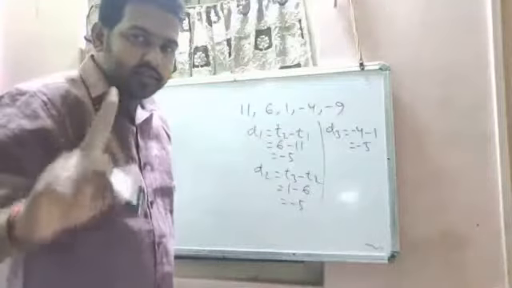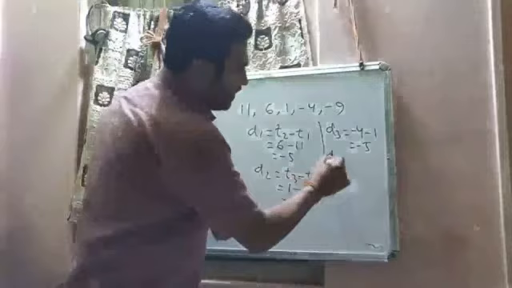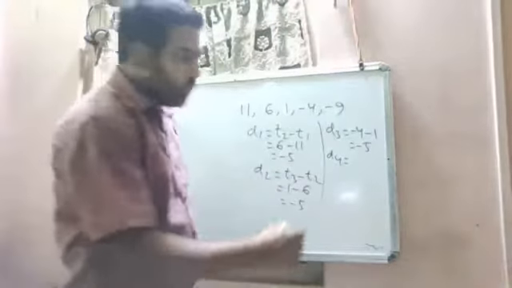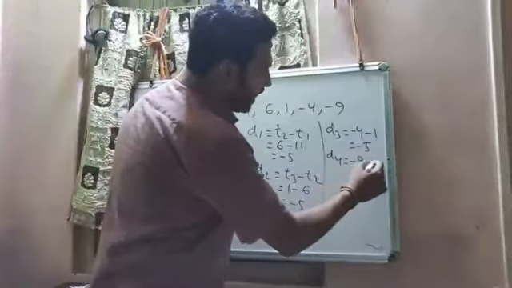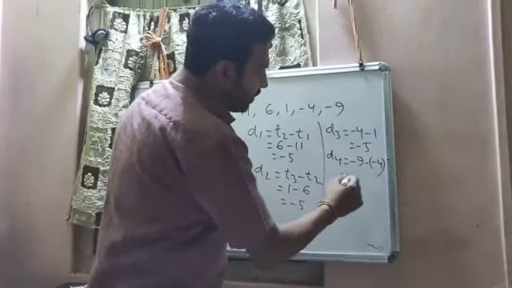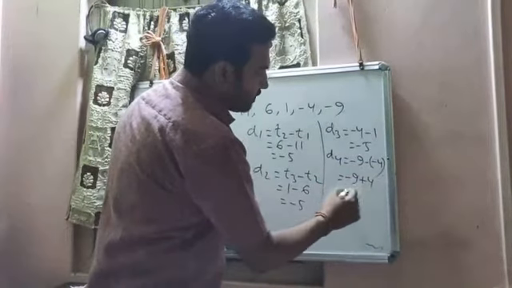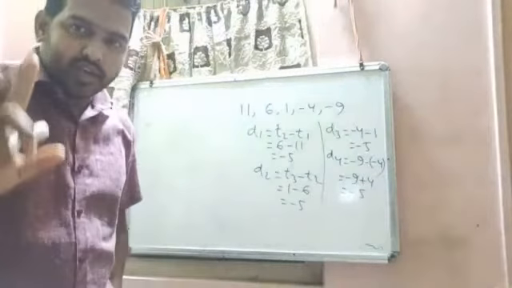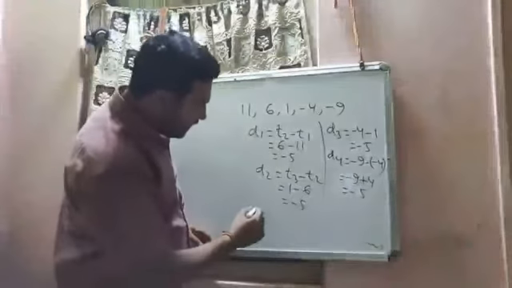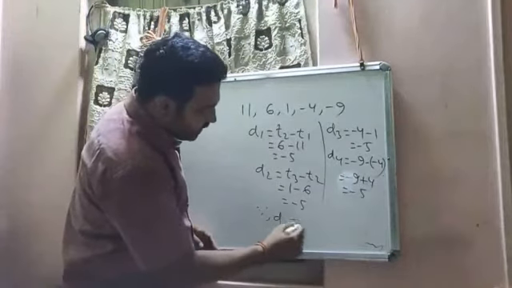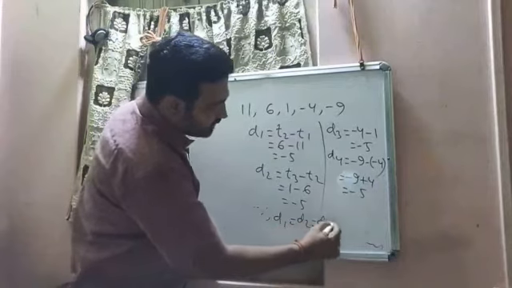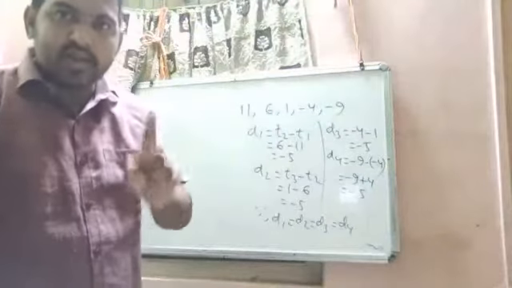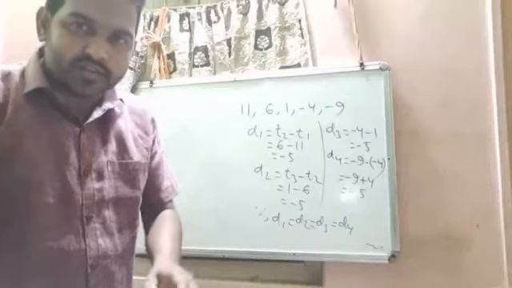The last one is left. Let me find D4, which is equal to T5 minus T4. That is minus 9 minus (minus 4). Minus into minus is plus, again minus 5. So after calculation we have found that since D1 is equal to D2 is equal to D3 is equal to D4, the common difference is constant.